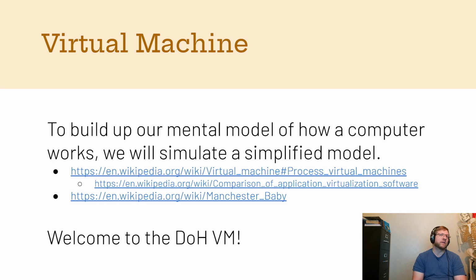That way we can look at all of its behaviors and modify them as we will. We'll come back around to the Manchester baby towards the end after we've talked about the structure of our virtual machine. But in some ways what we have will be reminiscent of the Manchester baby. So here we go. This will be called the DOE VM.